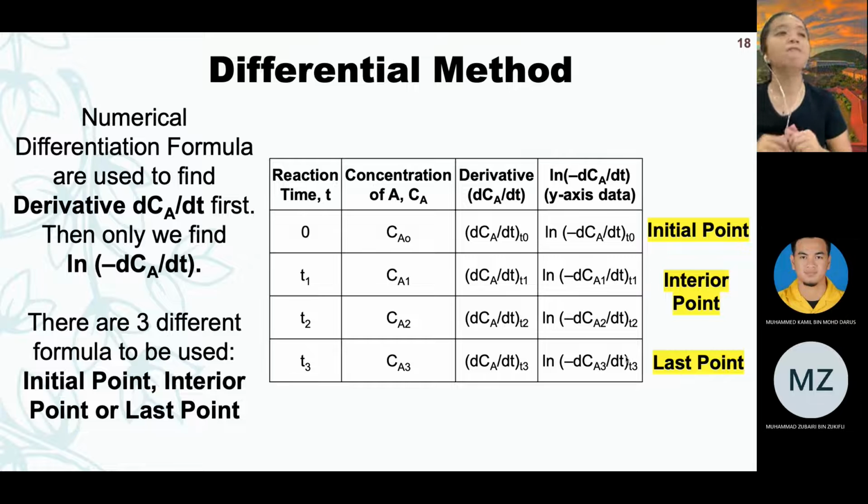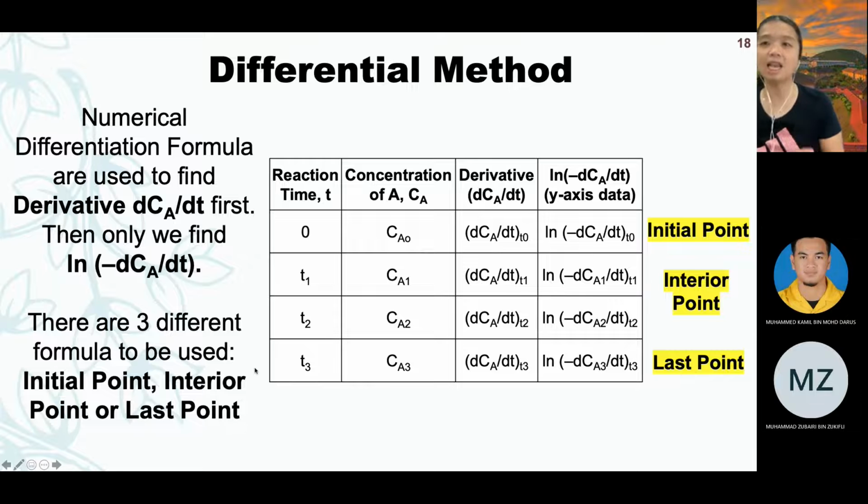Second confusion, this formula is not just one formula. That's why it's called formulas. Multiple. Because there are different formulas. Why? Because it depends on which dCA per dt you are looking for or calculating. Okay, what do I mean by that?